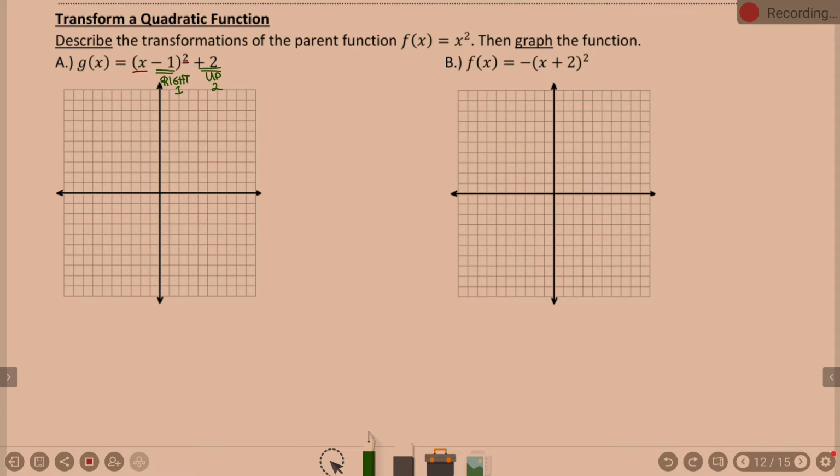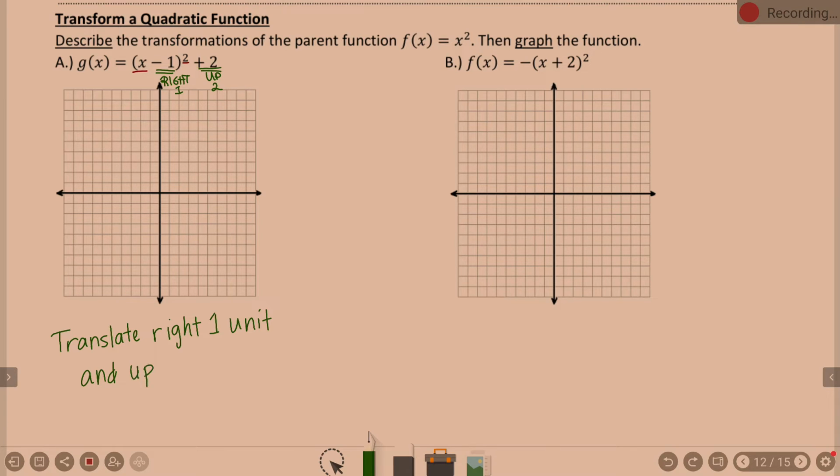Now, to get in the habit of writing with words, some of you write very well with words. Some of you want to make it as brief as possible. We don't want to get too brief, but what's the word? We said we're going to go right 1, up 2. What's the word I want to use here? Translate, right? Use good vocabulary. So I'm going to put it down here that we are going to translate the graph right 1 unit, and what do we say?